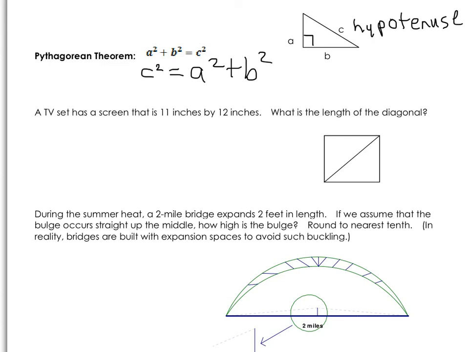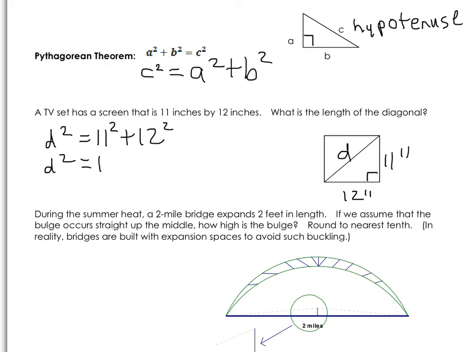This TV set has a screen that is 11 inches by 12 inches. What's the length of the diagonal? That's a right triangle. The diagonal is the hypotenuse. It's the side opposite the 90-degree angle. It's the longest side. D squared equals 11 squared plus 12 squared.